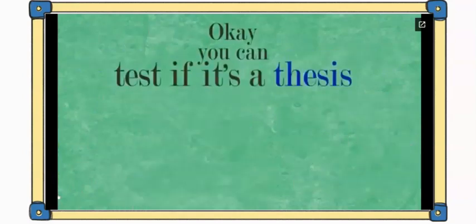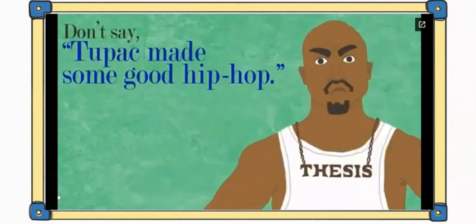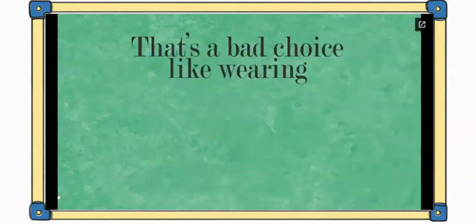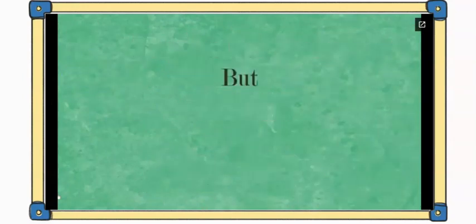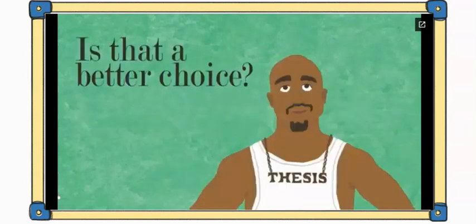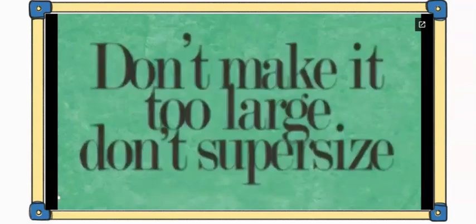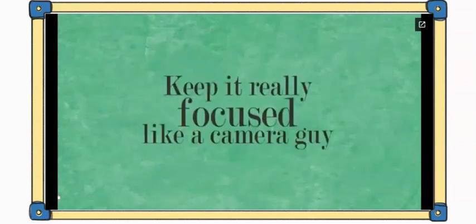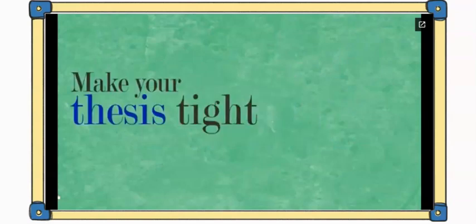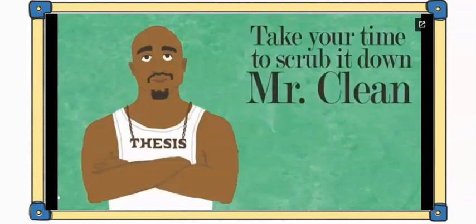Okay, you can test if it's a thesis. Is it something that a smart person could disagree with? Don't say Tupac made some good hip-hop. That's a bad choice, like wearing socks with flip-flops. But the Black Panthers influenced Tupac's ideology. Is that a better choice? It's gotta be. Don't make it too large, don't supersize. Keep it really focused like a camera guy. Make your thesis tight like skinny jeans. Take your time to scrub it down, Mr. Clean.